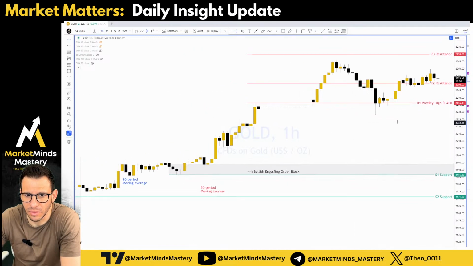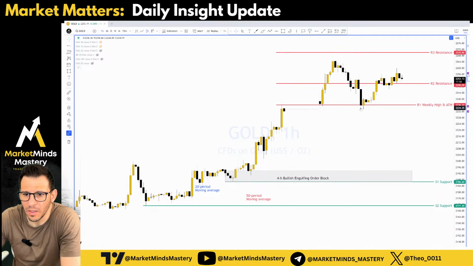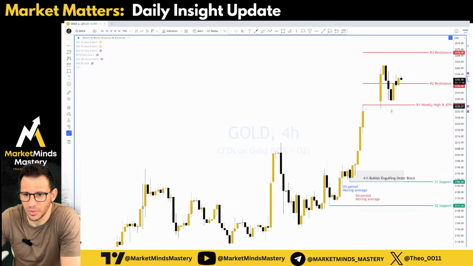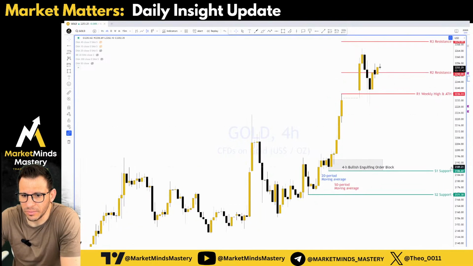Let's see how it looked on the lower time frame. It was with this rejection and then the hammer followed through, but that was late towards the end of the New York session. Anyhow, I didn't get involved with this one because I was betting on a deeper price correction.